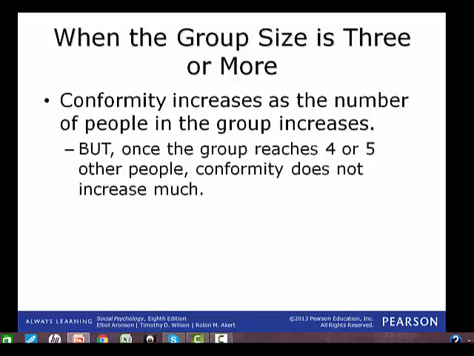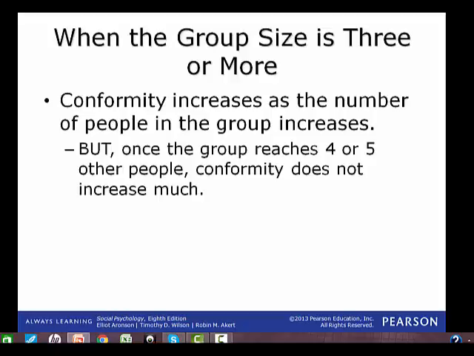And there are some possible reasons for this, but one reason that I think of here is that if it's a larger group, perhaps it's more likely that you won't be the only person who doesn't want to go along with this. So if the group is doing something that you feel like is wrong, if there's 5 people, they might all want to go along with it. But in a group of 15 people, there'll probably be at least 1 or 2 people who agree with you that they don't want to do it.